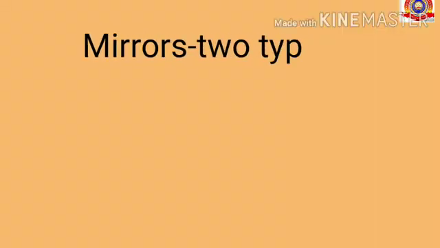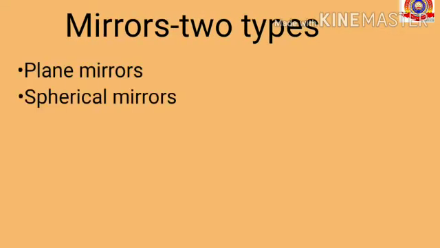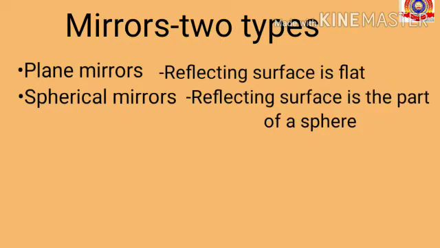We already know that there are two types of mirrors, plane mirrors and spherical mirrors. The reflecting surface of plane mirrors is flat and polished, and the reflecting surface of spherical mirrors is part of a sphere, which we already studied in our previous class.